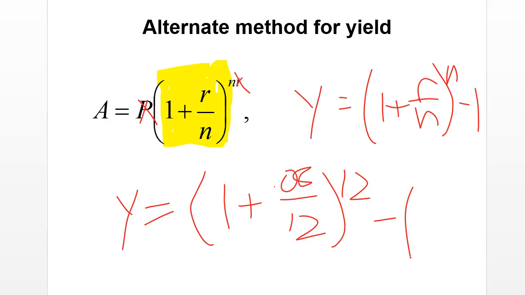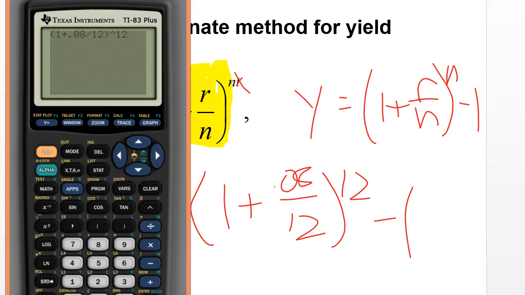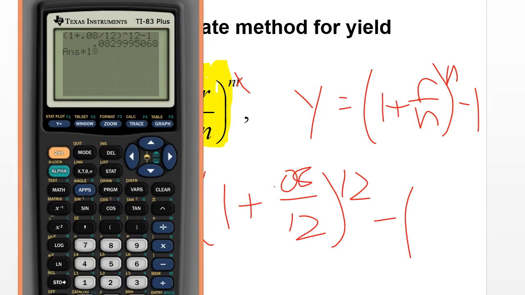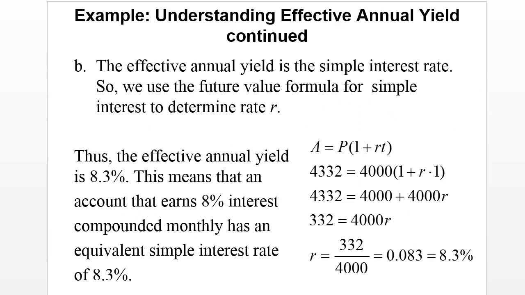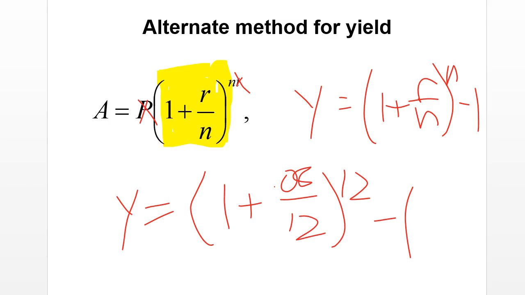And if we do that, I end up with 0.082999, and then times 100 to get it as a percent. So there's the 8.2999, which was 8.3 like we said before. So there's an alternate method if you want to use that for yield anytime you get asked yield.